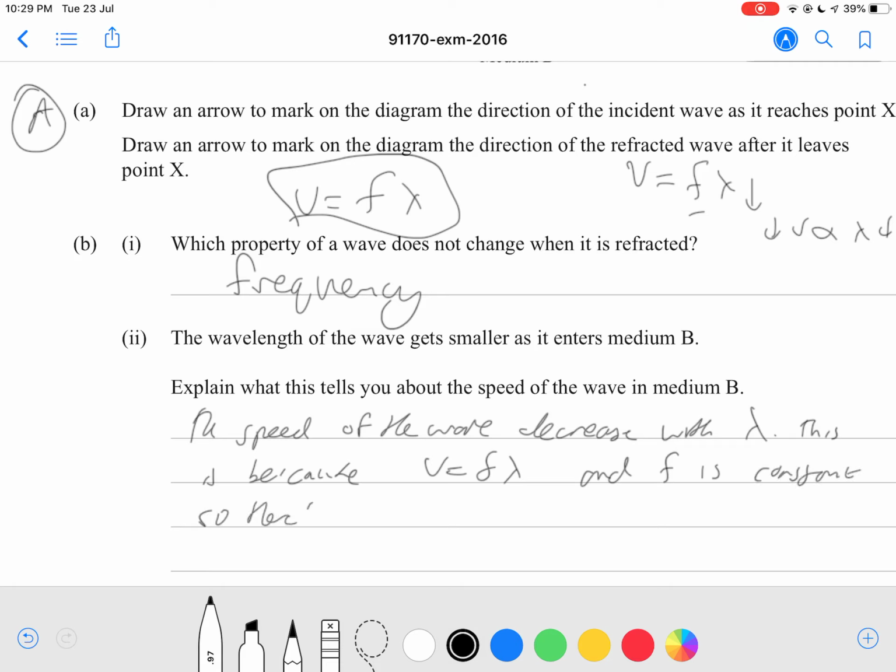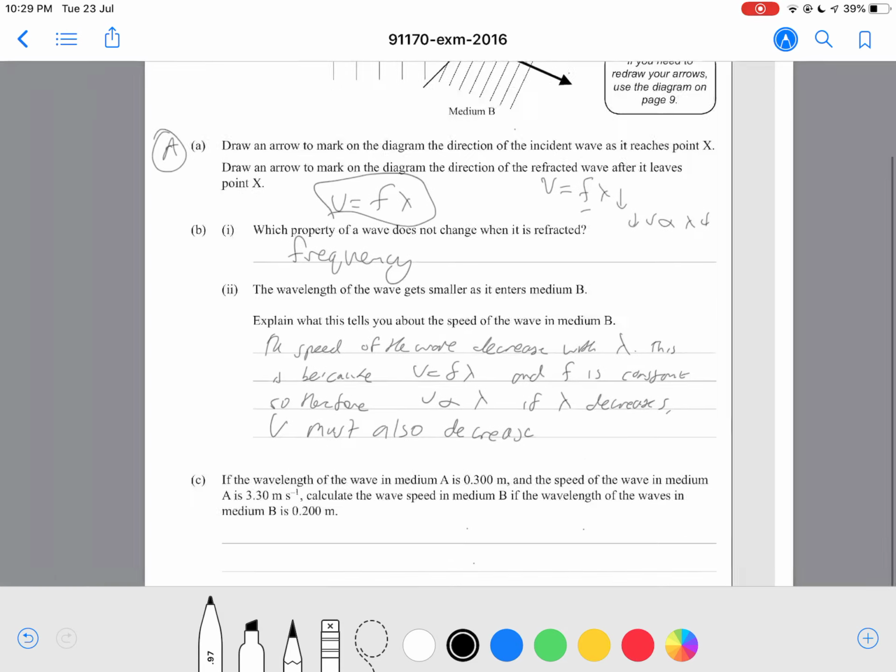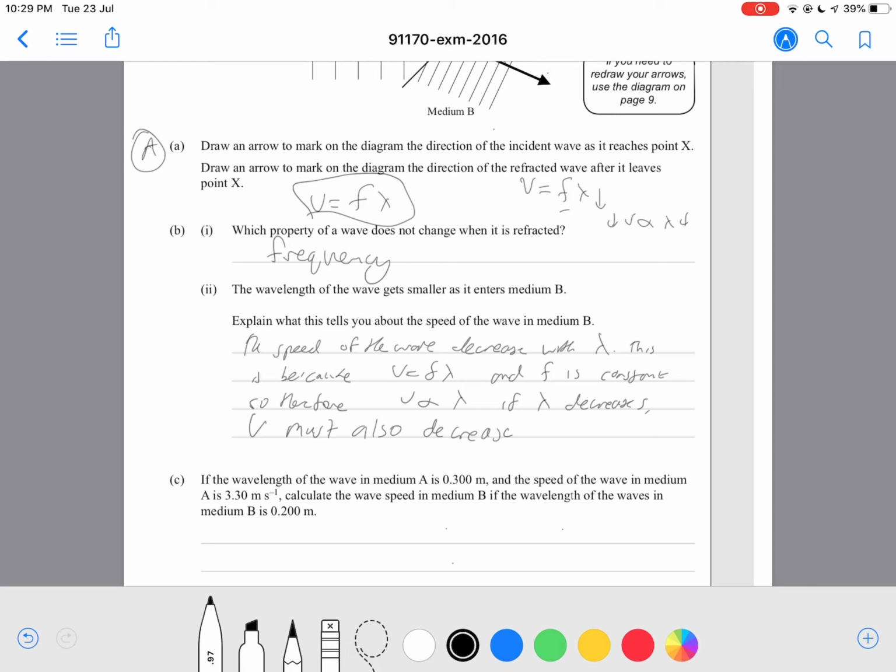Therefore v is proportional to lambda. If lambda decreases, v must also decrease. And that's actually all you need to get the grade for this question.